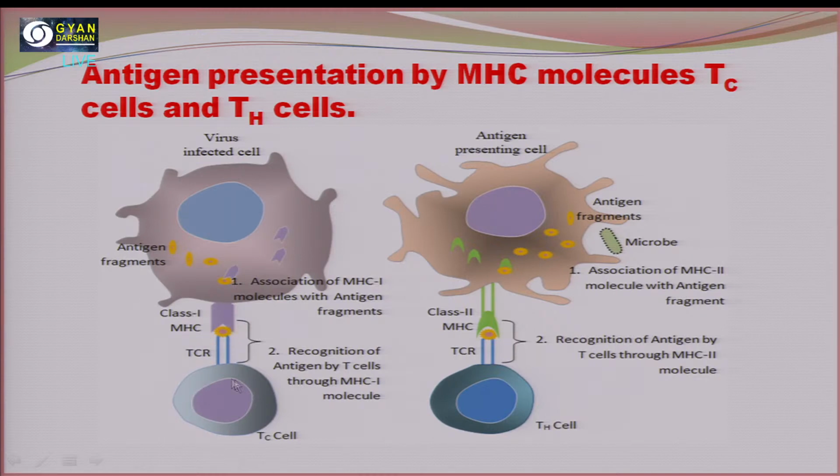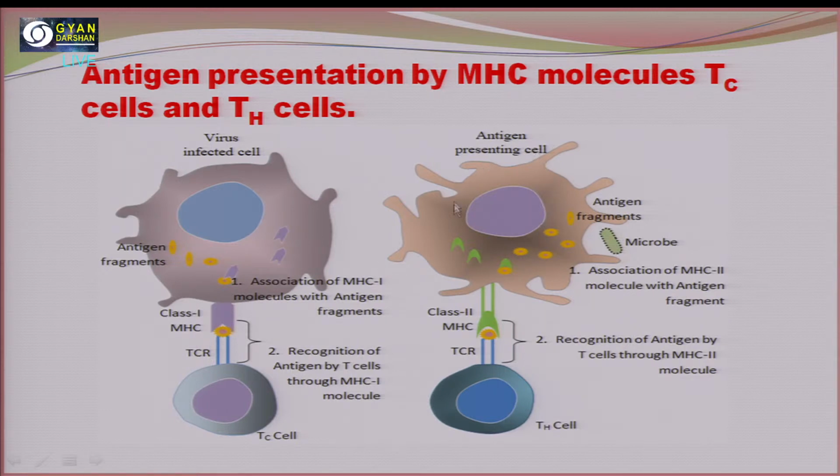Here are the T cells, which have the TCR, the T cell receptors. Here the antigen is recognized by the T cells through the MHC class one molecule, so they are able to recognize the particular pathogen through the MHC class one molecule.